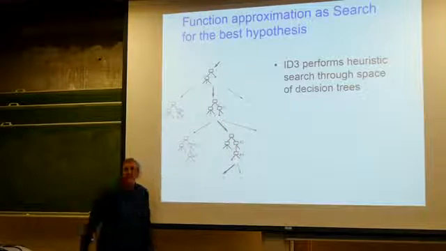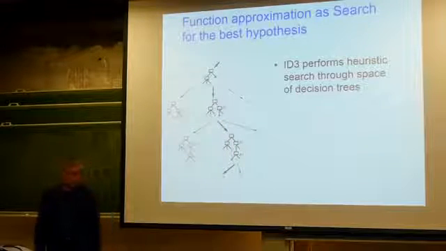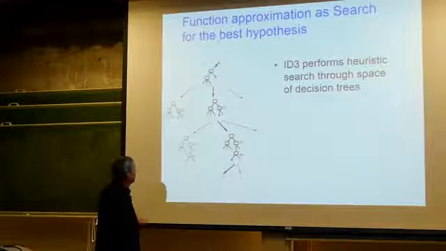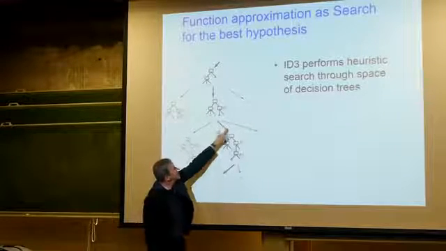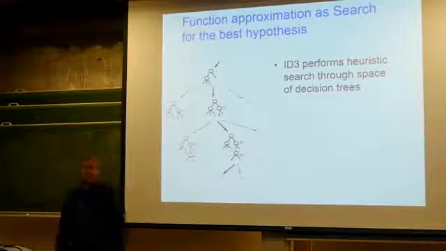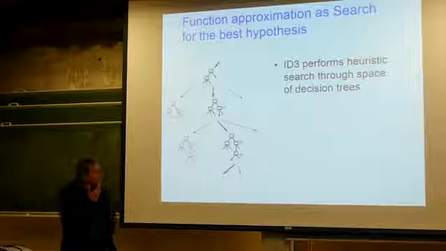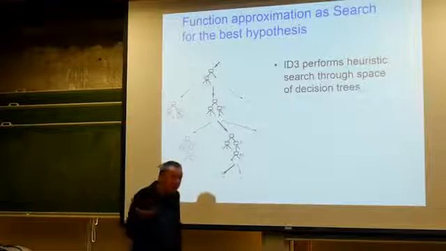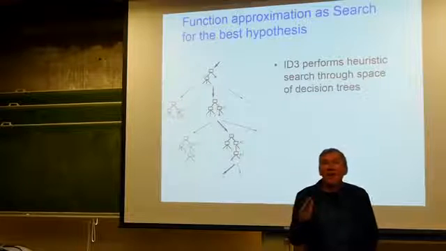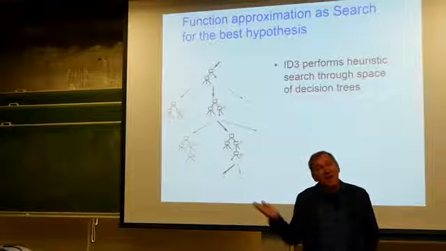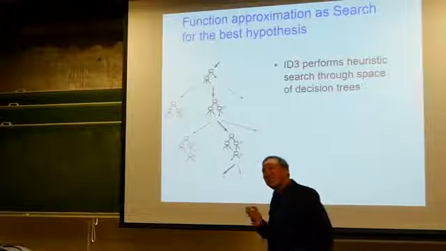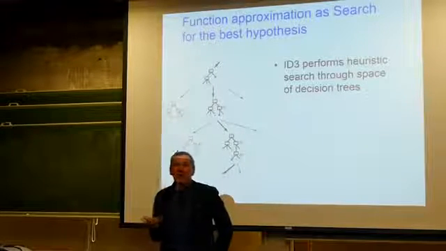And as we discussed, it's using this entropy-based mutual information measure as a way of choosing which of these elaborations of the tree to create at any given point. Okay. So this will actually turn out to be a kind of useful perspective on many, many of the supervised learning function approximation algorithms that we talk about through the course.